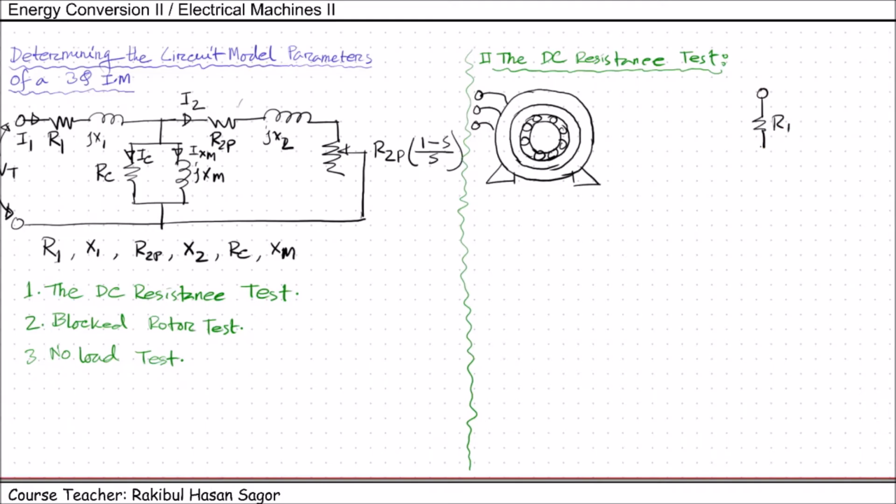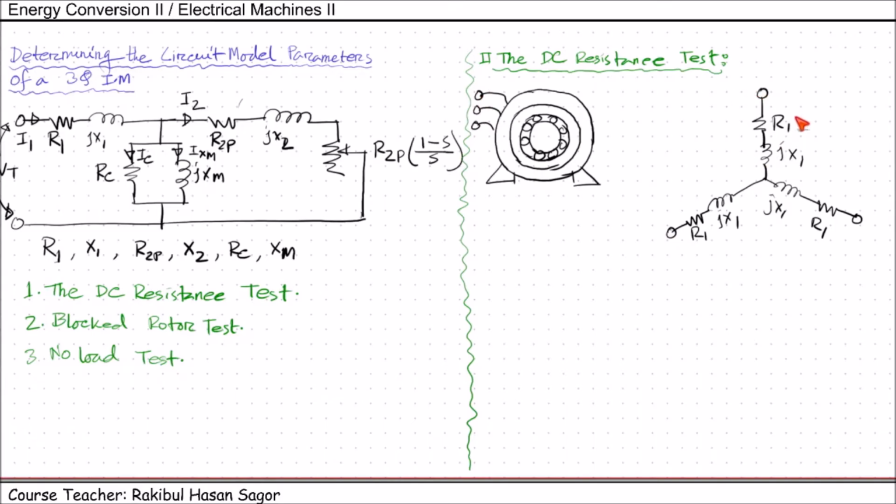We have R1 here, this is JX1. For example, this is the terminal 1 or phase A, and phase B also has R1 and JX1 as they are having the balanced load, and phase C will also have R1 and JX1. So this is phase C, phase B, and phase A.